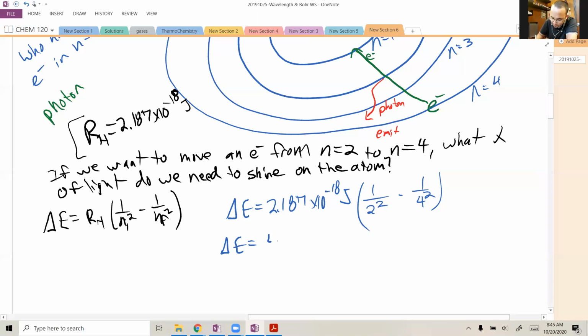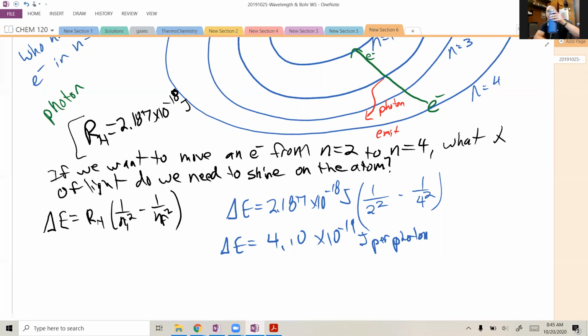So we have 4.10 times 10 to the negative 19. Now that's a number. What unit should it be? Joules. Very good. So this is the joules per photon. Now, is our photon being absorbed or is it being emitted? Absorbed. Very good.